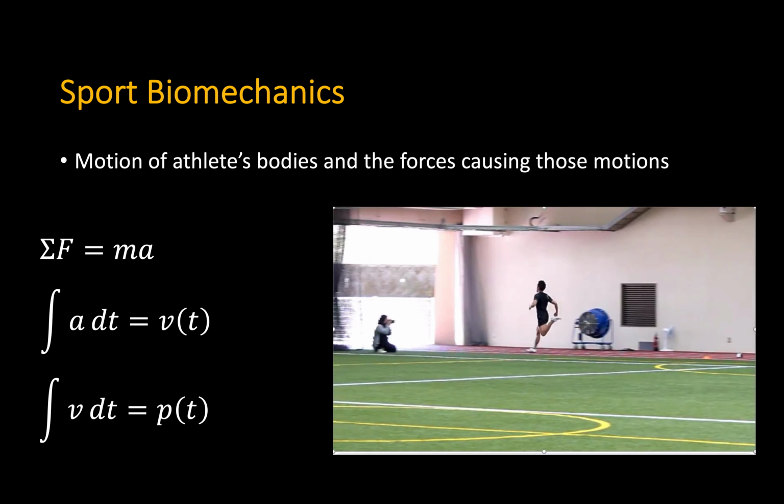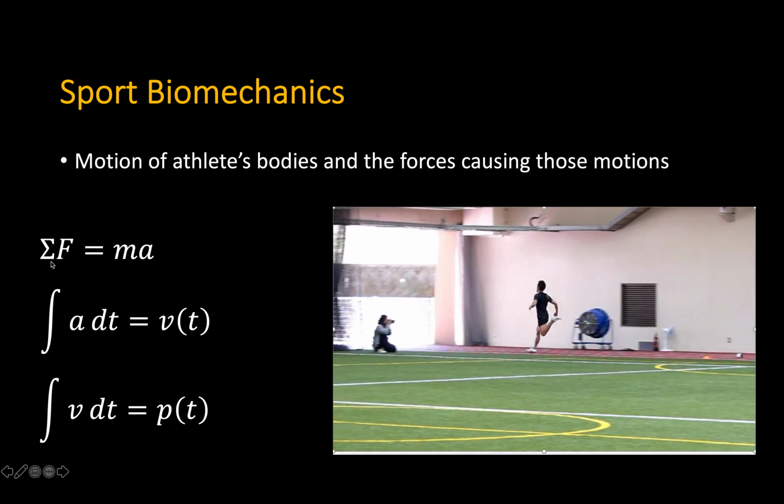But the body's not a point mass, right? The body is much more complicated than a single point mass. It has joints, it has segments, it has muscles, it has ligaments, it has cartilage. It has lots of elements of complexity that make it so that I can't just produce any old arbitrary force, I can only produce certain forces.